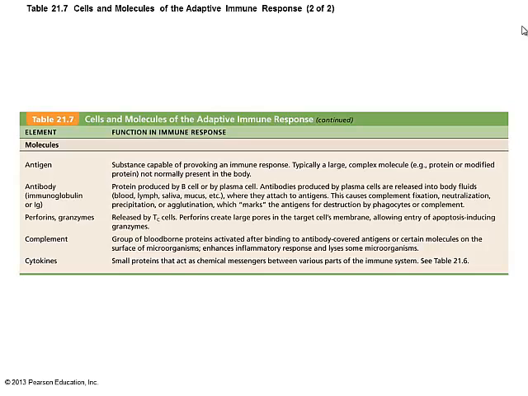We also talk in this chapter about haptens. We all have different proteins. They're called incomplete allergens. Things like poison ivy. So who in this class is allergic? I'm wicked allergic to poison ivy. I've never had it, ever.